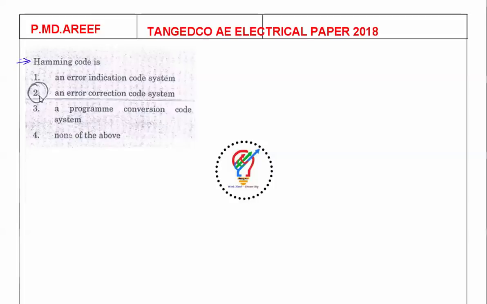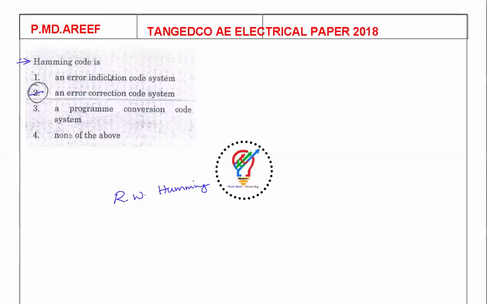So the Hamming code is an error correction code system, invented by R.W. Hamming. Because of his name, it is known as Hamming code. It is used for error correction.